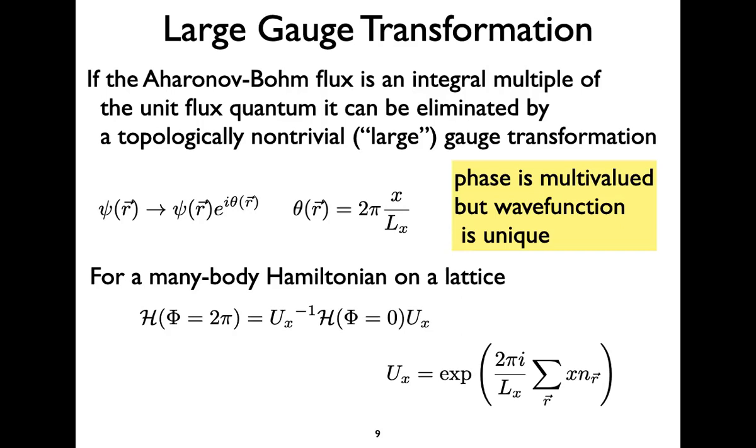So if you do this kind of gauge transformation, you can move from the 0 flux Hamiltonian to the 2 pi flux Hamiltonian. And even on a lattice model, you can define this large gauge transformation. The large gauge transformation is a name for this kind of non-trivial gauge transformation. And if you have a lattice model like a Hubbard model, the large gauge transformation can be written like this explicitly.